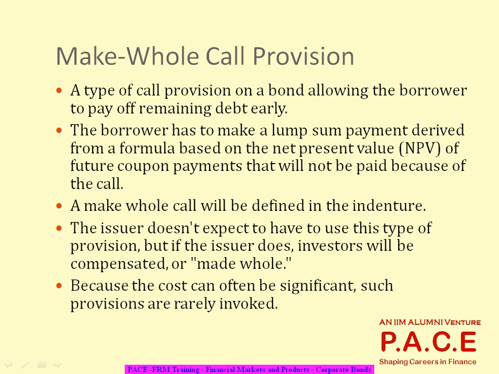Then there is the make-whole call provision, which is to pay off the remaining debt completely, the entire debt, whatever is there. That is what the make-whole is. In that provision, the borrower has to make a lump sum payment based on the NPV of whatever is outstanding.